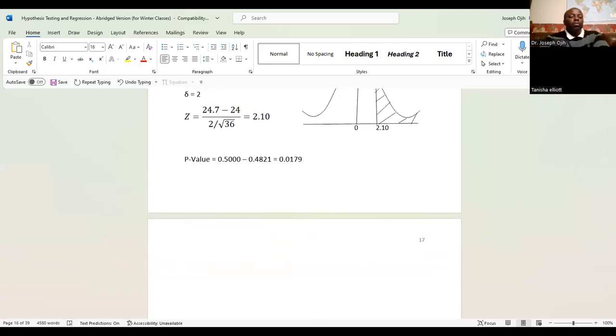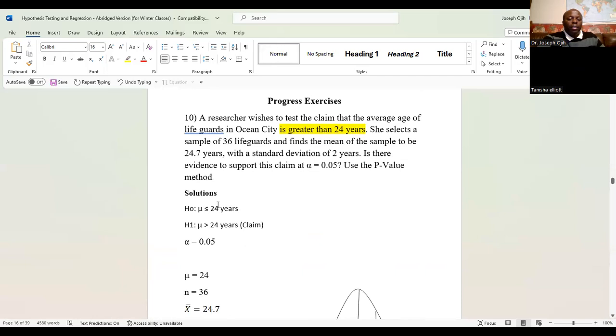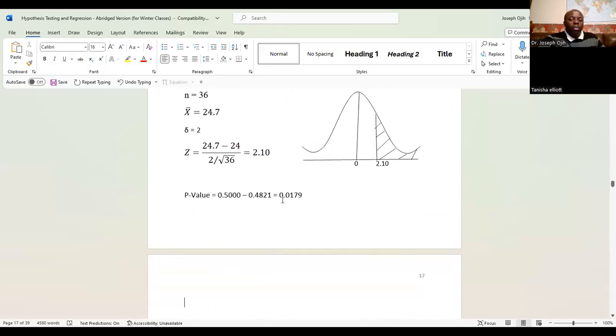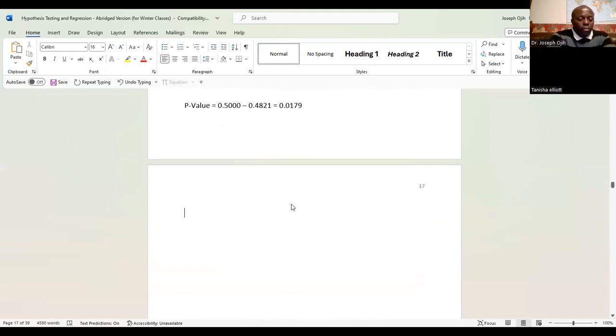We have our hypothesis stated, we have our summary statistics, we calculated z, and we got our p-value.